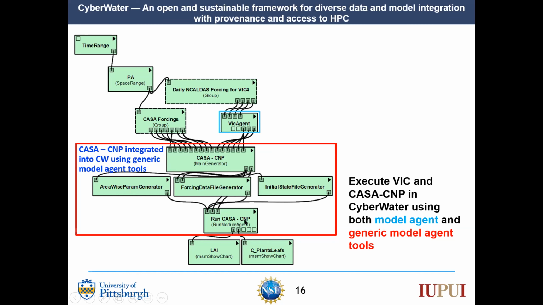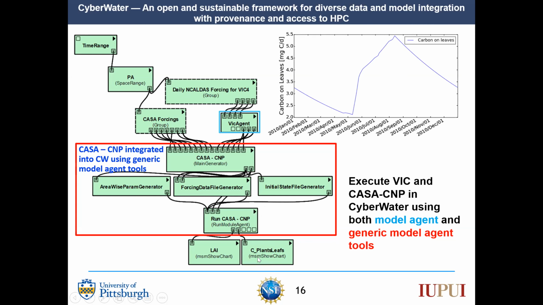By using this run module agent, you actually execute your model, which is the CASA model here, locally on your local machine instead of executing the CASA model remotely. Okay, so by building this workflow, then you can execute it, and then you can generate results and display them. And in this case, we generated the simulated carbon on leaves, and the results show up here.